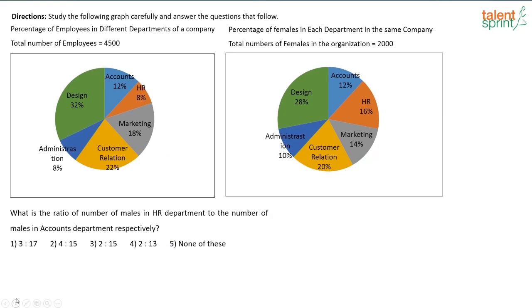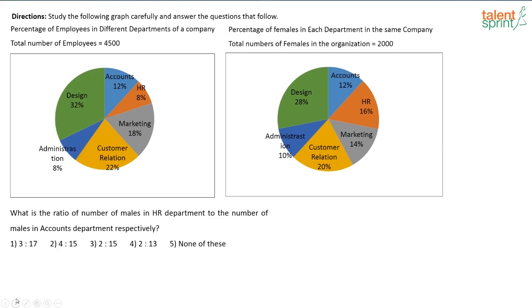Next one. What is the ratio of the number of males in the HR department to the males in the accounts department respectively? For this question, first we have to find out how many employees are there in the HR department, and how many females are there in the HR department. Subtract those two, you will get the number of males in the HR department.